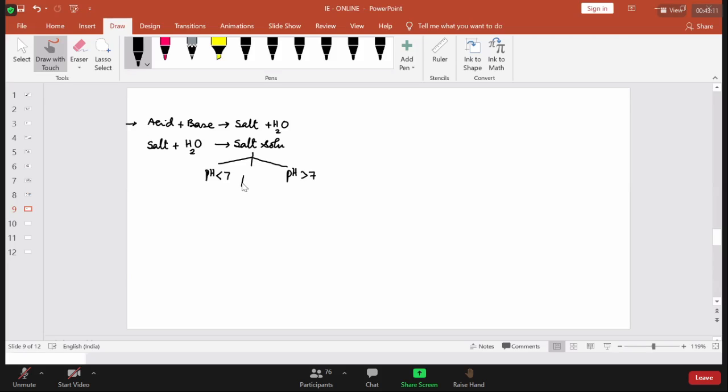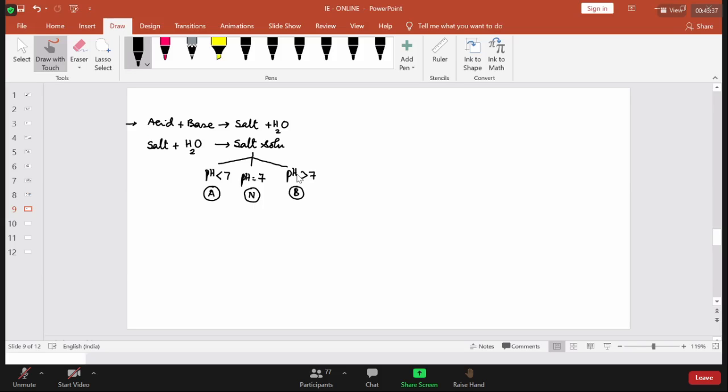And if in a solution you get pH equal to 7, you may declare that this solution is a neutral solution. So, whenever salt is dissolved in water, the resulting solution, listen to me carefully, I am stating a statement available in the books and from some lecturers, which is going to be wrong now.